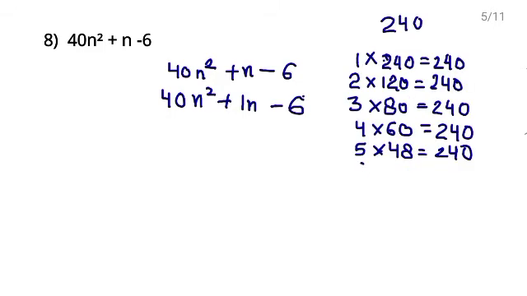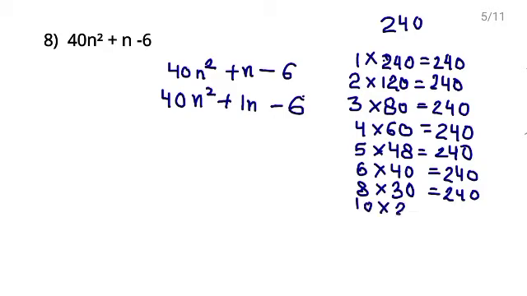Now by 6: 6 4s are 24, 240. By 7 not possible. By 8: 8 3s are 24, 0, 240. By 9 not possible. By 10: 10 multiply 24 is 240, right?